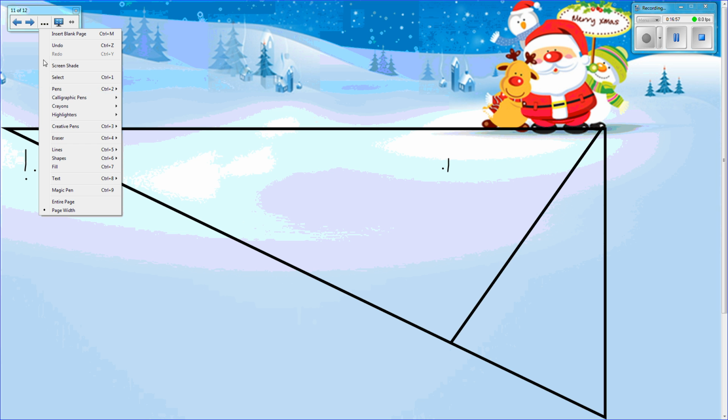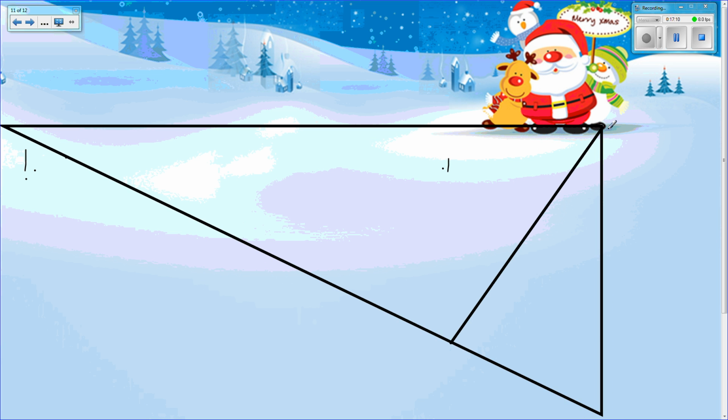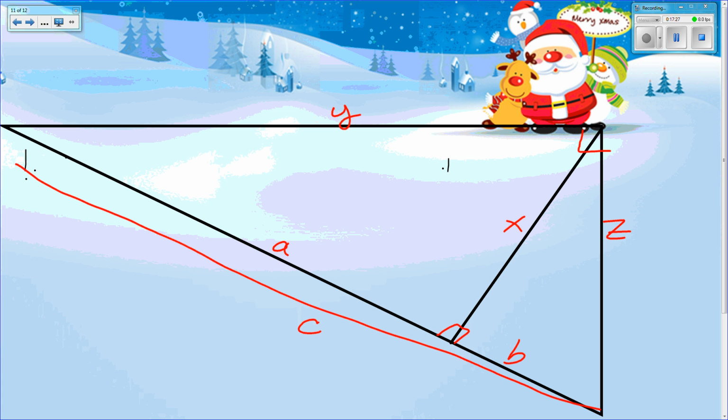All right, this is a right angle, and this is the altitude, so it's a right angle. So I'm going to call this X, Y, Z, A, B, and the whole side is C.